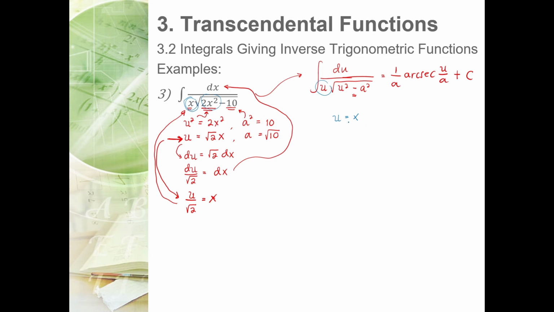Then squaring the terms, u squared is equal to x squared. So looking at your equation, we cannot replace, right? We cannot replace because this one is 2x squared, this one is only x squared.